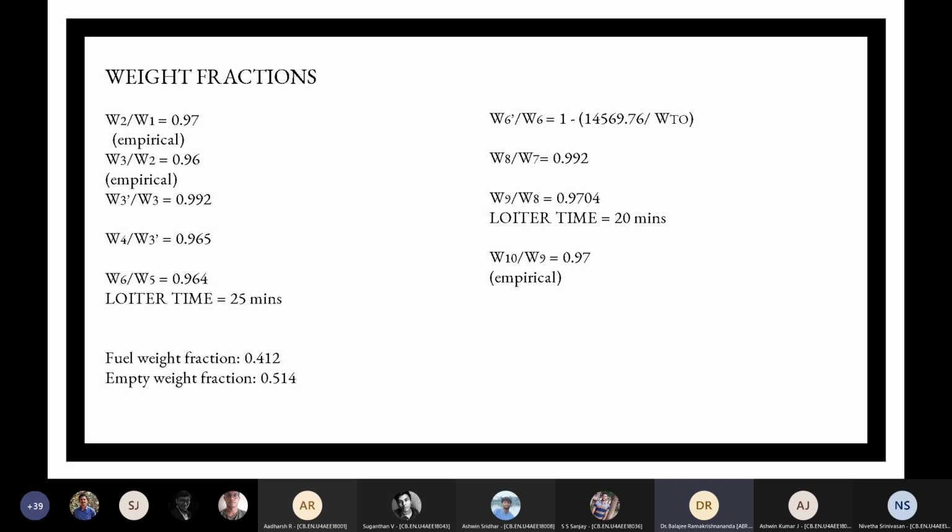You'll be using afterburner. Yes, sir. I assume that as well, but what you should do is include that here. W7 by W6, maybe use the same thing. It is 0.99 to 0.97 something, use empirical. Yes, sir. Okay. Use that. Okay. So the fuel weight fraction we got was 0.412 and this is the empty weight fraction.